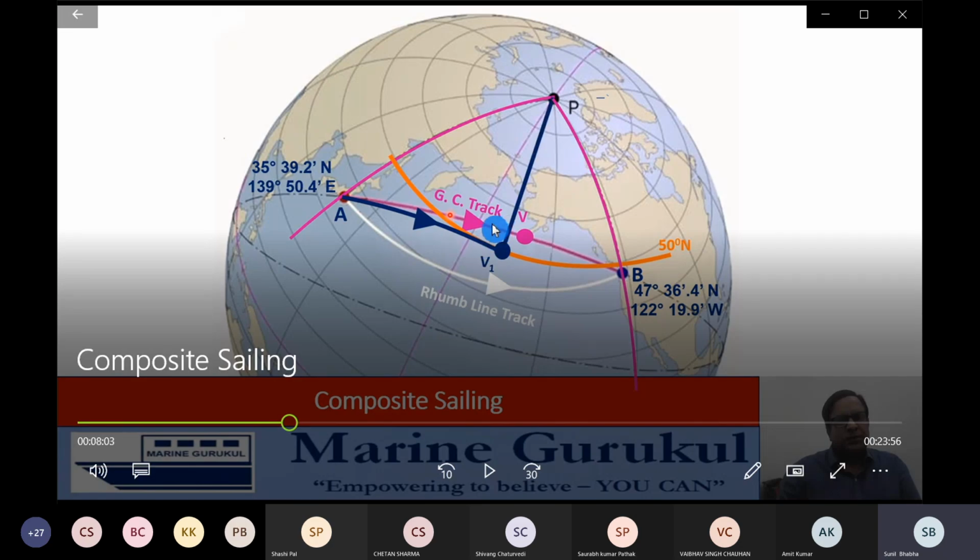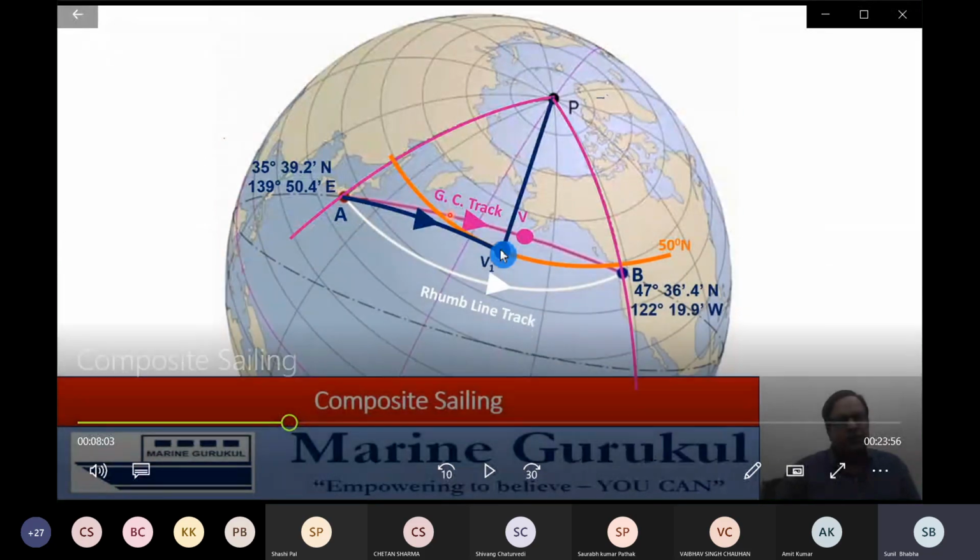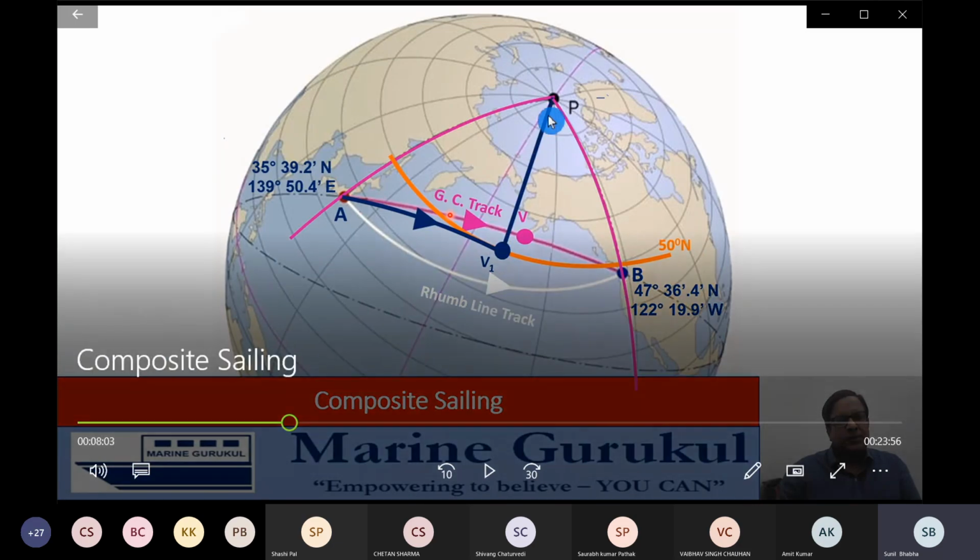So if this is a 90-degree angle, now you concentrate your attention on this triangle PAV1. This becomes a special spherical triangle. It's a triangle on the surface of a sphere and all three sides are arcs of great circles.